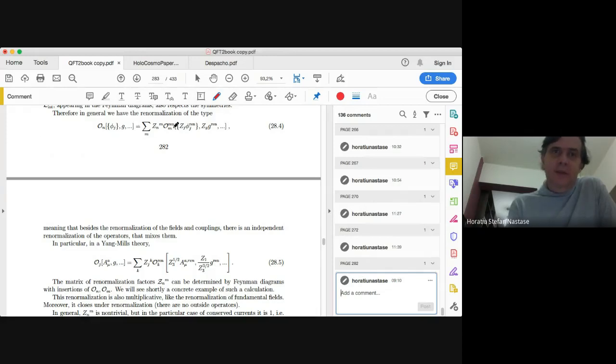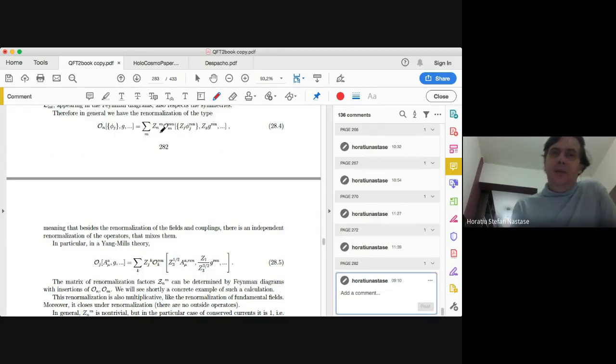So when we renormalize, we of course renormalize the fields, wave function renormalization. We renormalize the coupling through Zj. But as I said, we also need an extra renormalization that is intrinsic to the operator itself, and that is due to the divergence. The renormalization is an infinite factor that we try to absorb in the physical object.